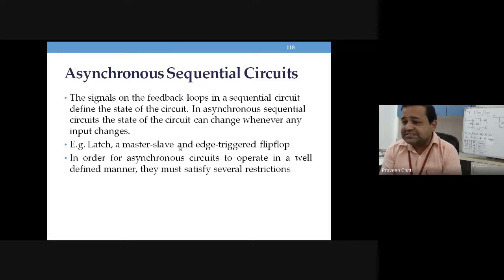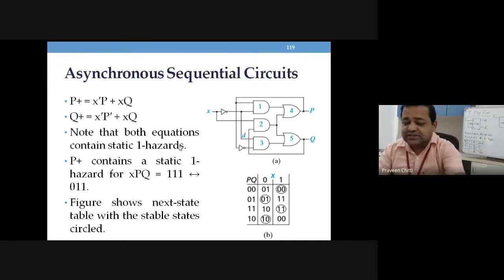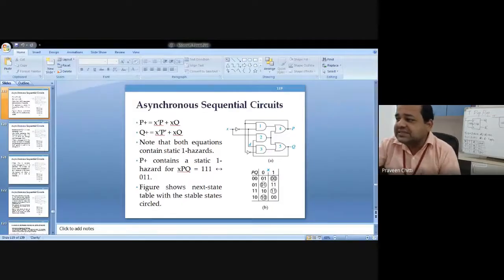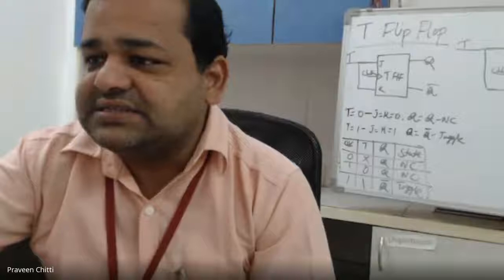So what will be the next state of the flip-flop? That can be easily obtained when we know the present state and input, and that equation which is used to get the next state is called the characteristic equation. And those characteristic equations we'll be discussing in the next class.